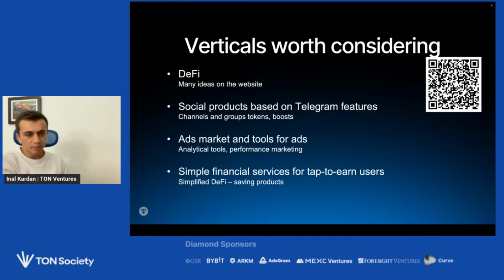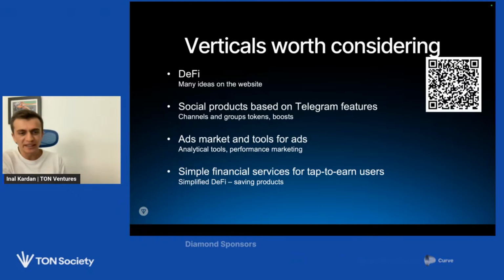Next thing, simple financial services for tap-to-earn users. Here, we believe that there are going to be some very simplified DeFi, or retail DeFi as we call it. The best example here is saving products.